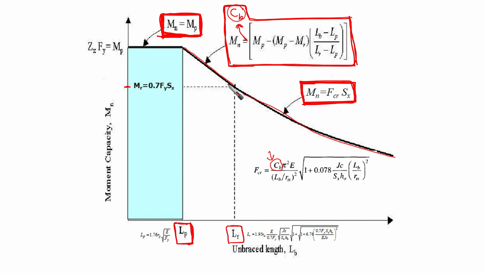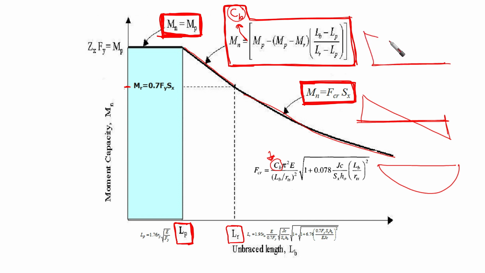CB is a factor that takes into consideration the non-uniform moment or bending moment across the beam itself. If we have moment like this, it is different than moment like this, and different than moment like this.